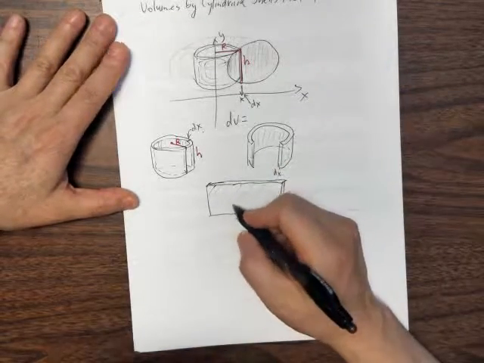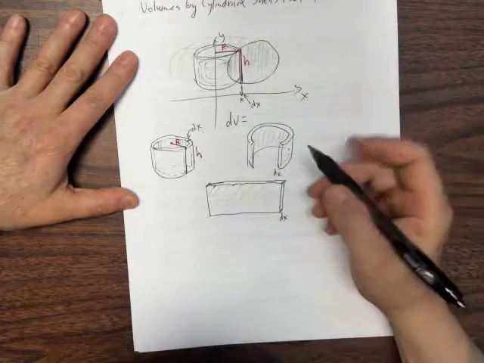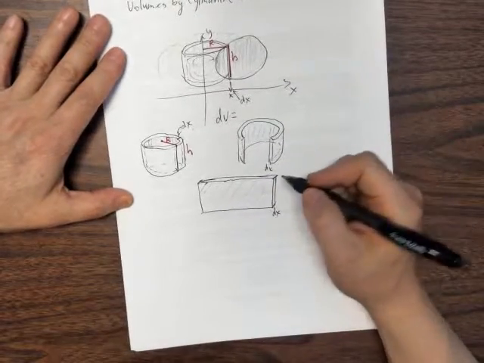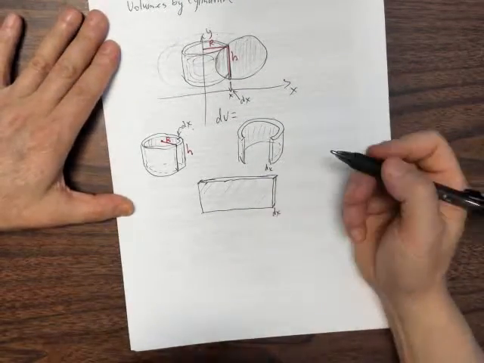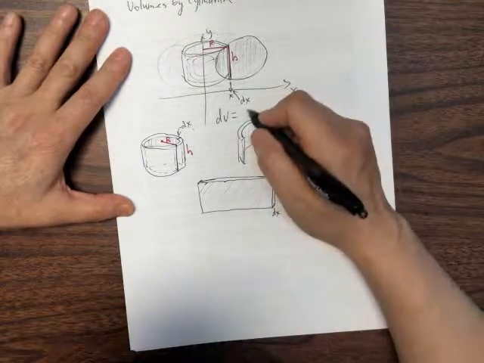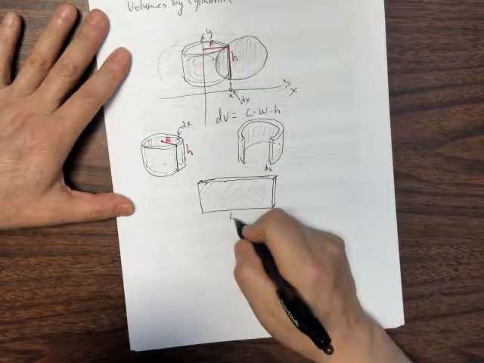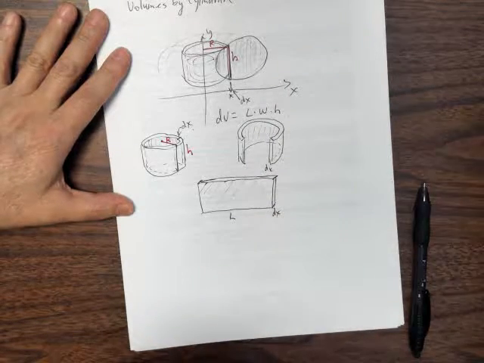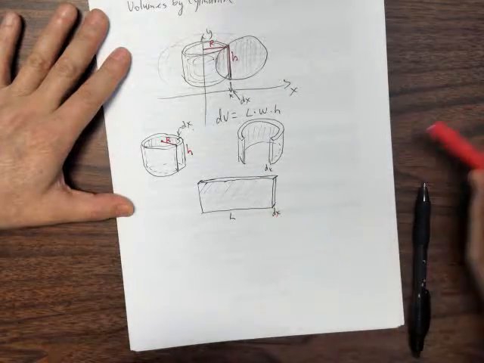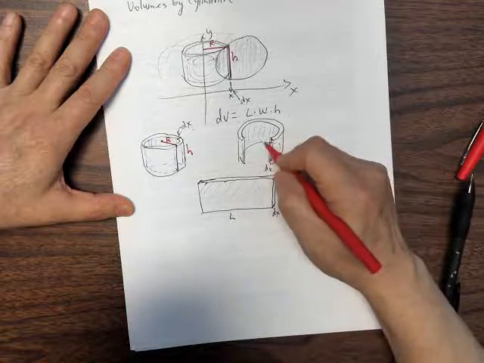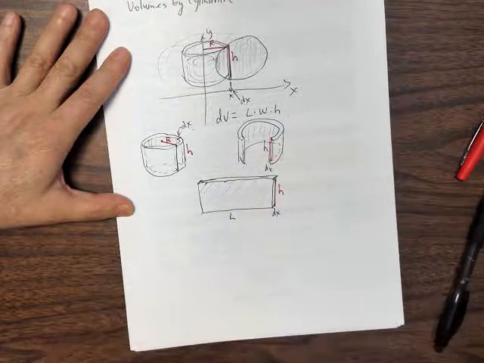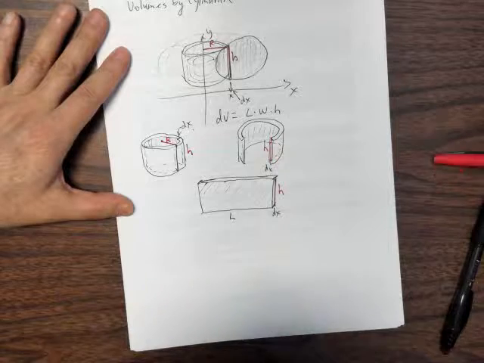Therefore, this wall is approximately a thin box. Now it's considered a box, and we have a formula for a box: length times width times height. Length is, say, L for now. Width is dx. The height is the same here, h. Right?